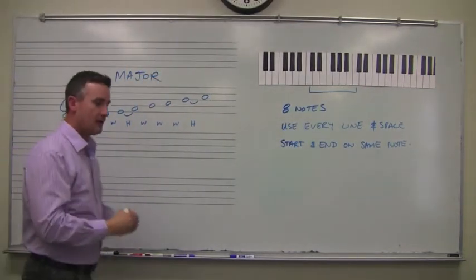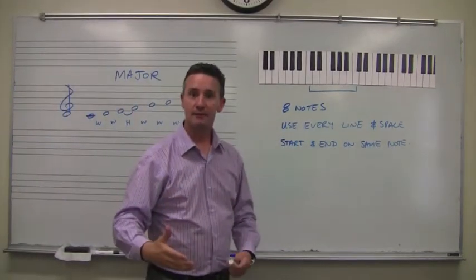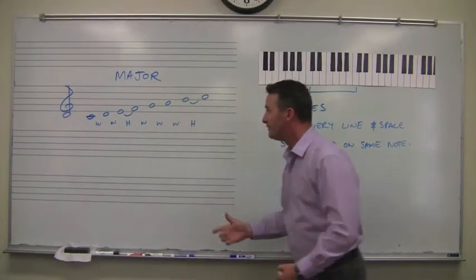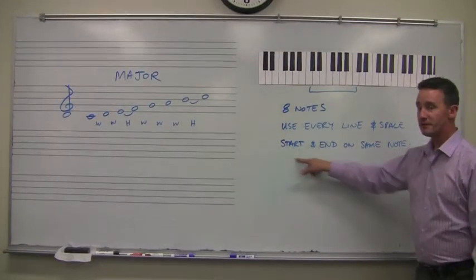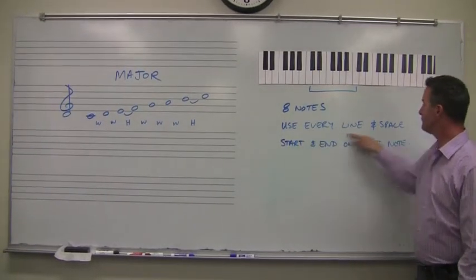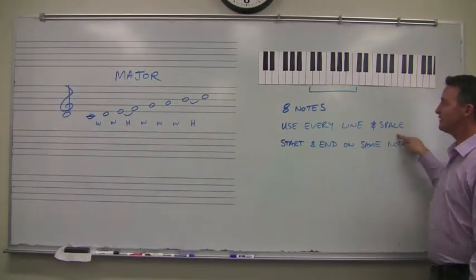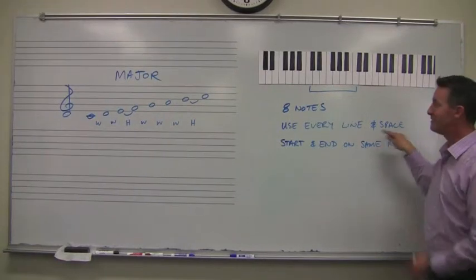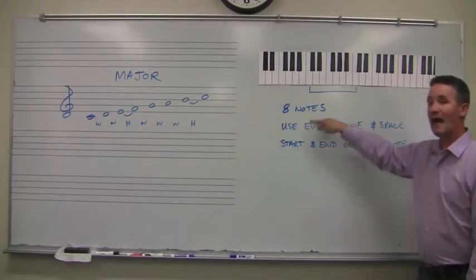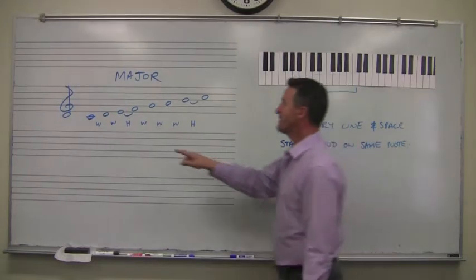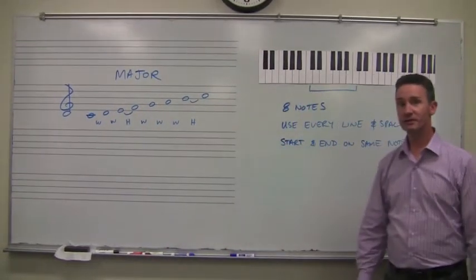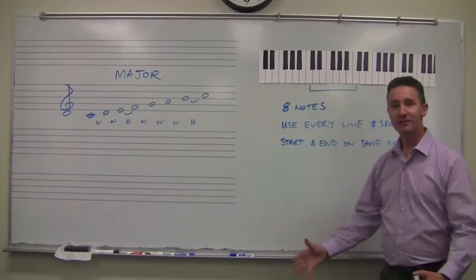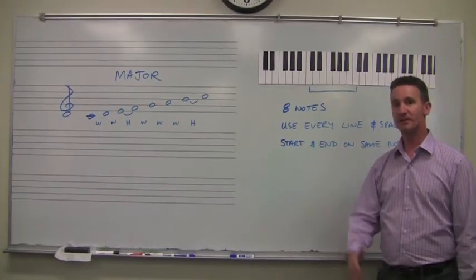So, let me say that another way. If you have 2 notes an octave apart, you use every line and space between the 2 notes to write out a series of 8 notes, and you have a half step between the 3rd and 4th and 7th and 8th notes, then you have, in essence, a major scale.